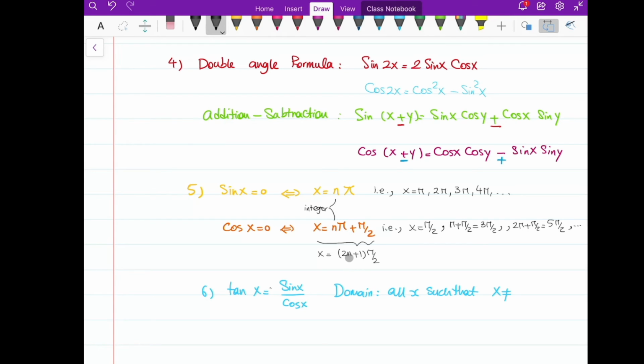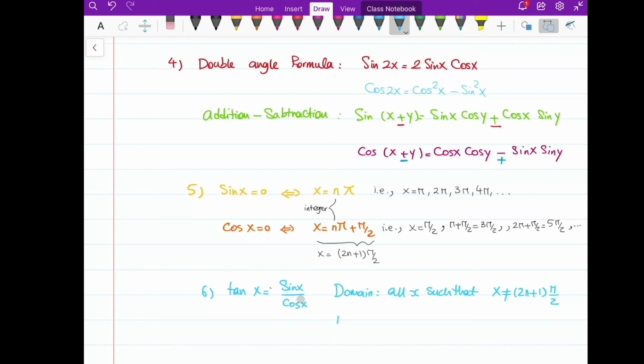N could be 1, that's why I get 3 pi over 2. N could be 2, I get 5 pi over 2. So x shouldn't be 2n plus 1 times pi over 2, because at these points cosine would be 0 and they are not in the domain of that.